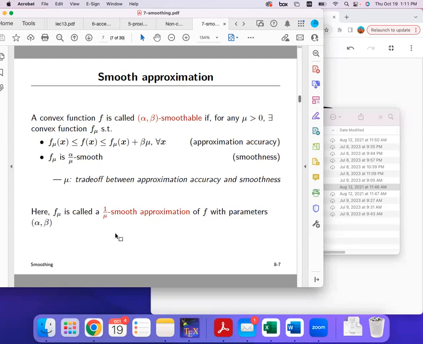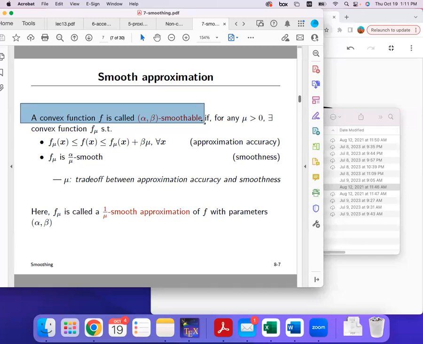We will introduce a definition to quantify such a smooth approximation. For a convex function f, we will call it alpha-beta smoothable.